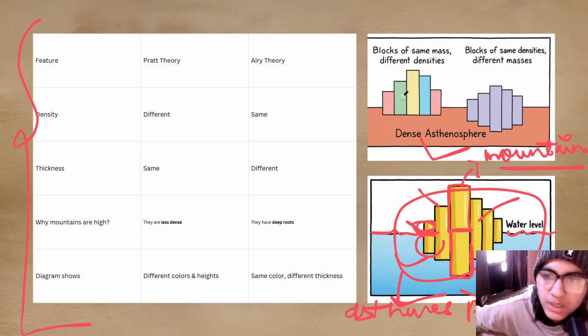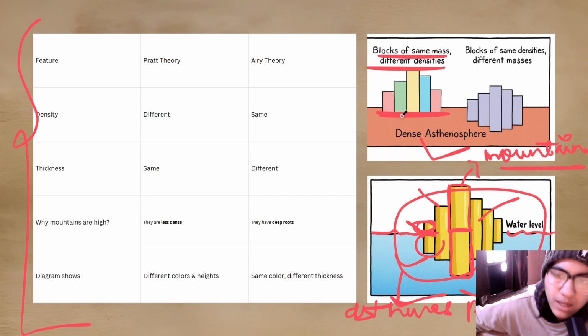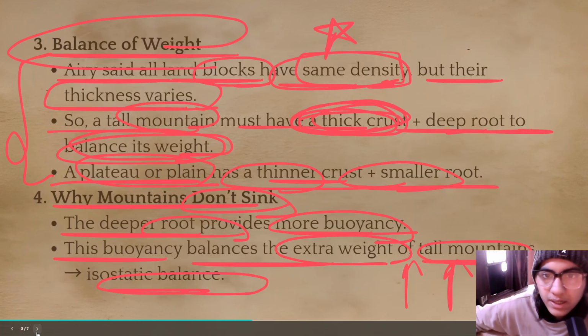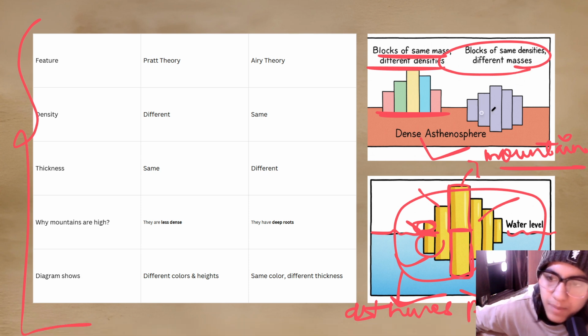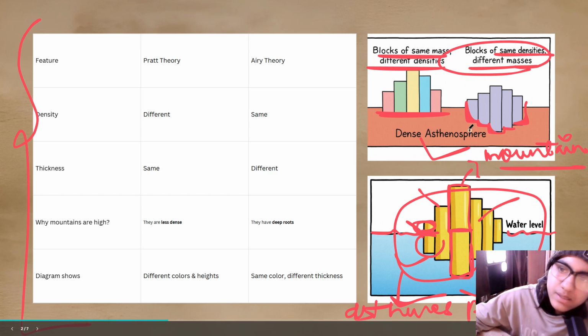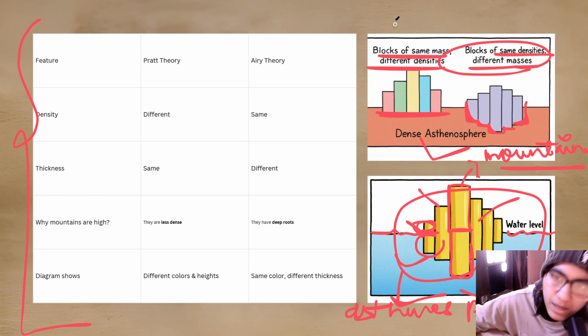In this particular diagram, the different colors show that they have different densities, and this equal line shows that they have the same mass. In this other diagram we can see the same color, which means same densities, and you can see that they are not equal below the surface, so here we can say different masses.